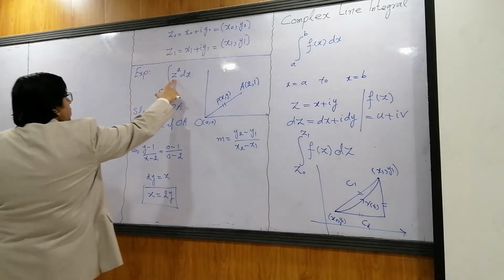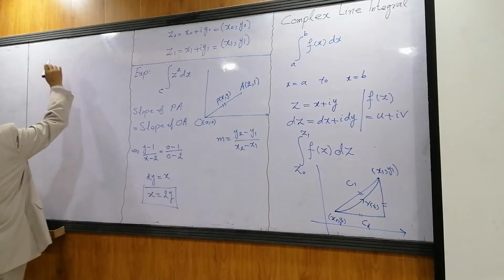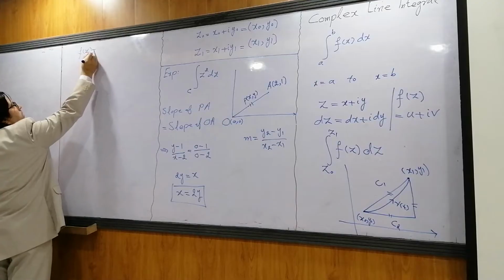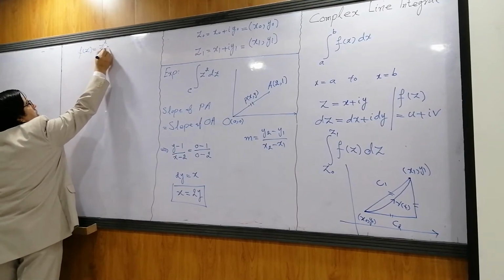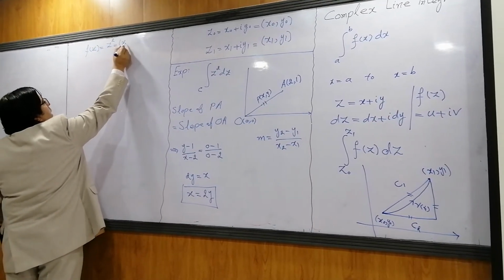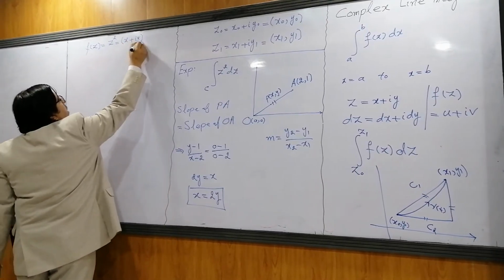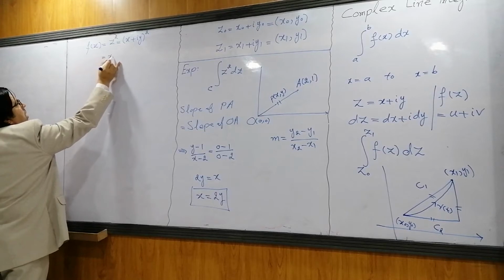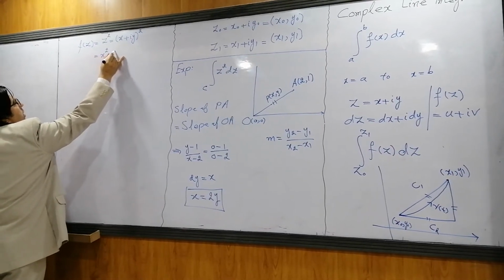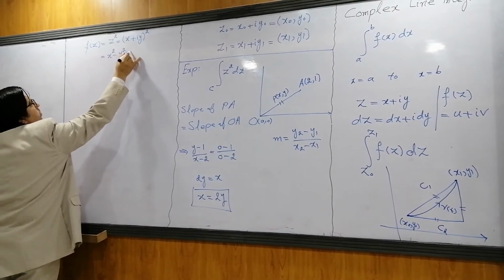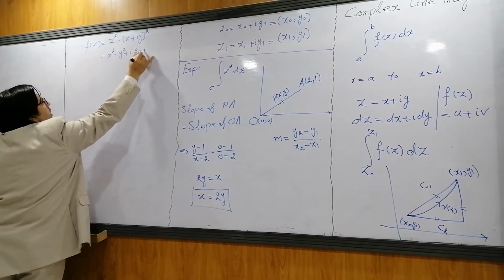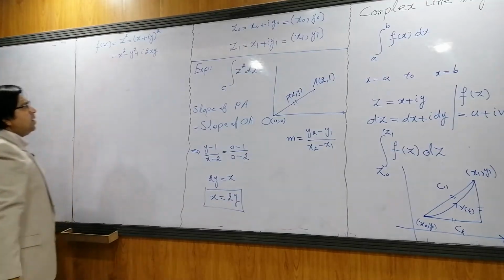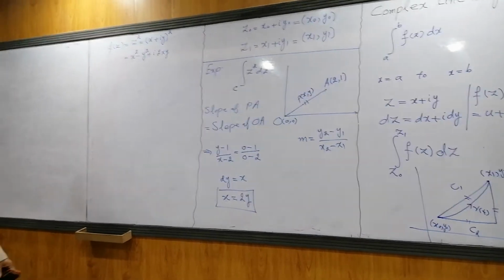From the given question, f of z is equal to z square. If I put z equal to x plus iota y, whole square, and evaluate, I will get x square minus y square plus iota 2xy. This is u, the real part, and this is v, the imaginary part.